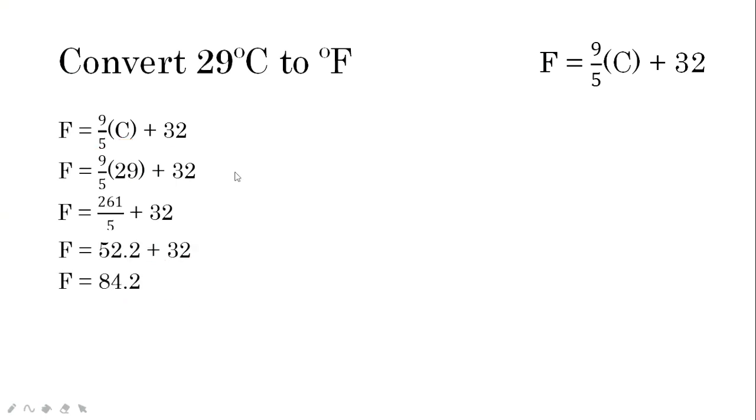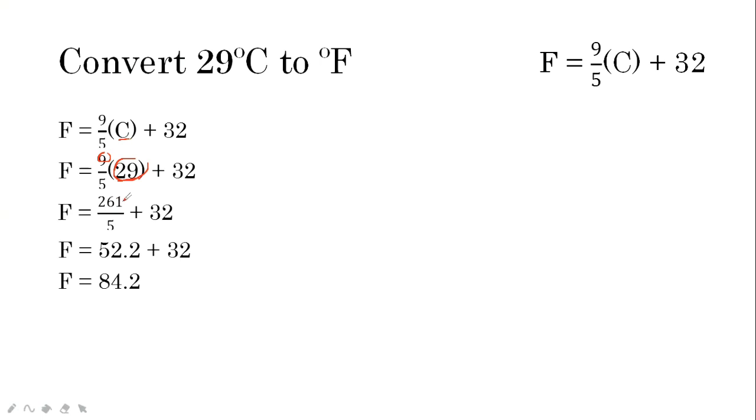Okay, 29 degrees Celsius to Fahrenheit. Ito, ganito lang din ang format niya. First is substitute natin yung C. Ito siya, 29. Next step is numerator multiplied by the Celsius. So, 9 multiplied by 29, that is 261 over 5. Kopyahin mo lang ulit yung denominator plus 32.